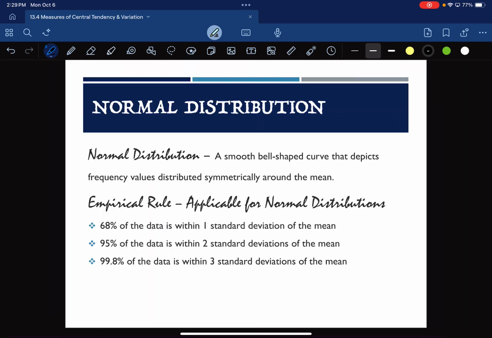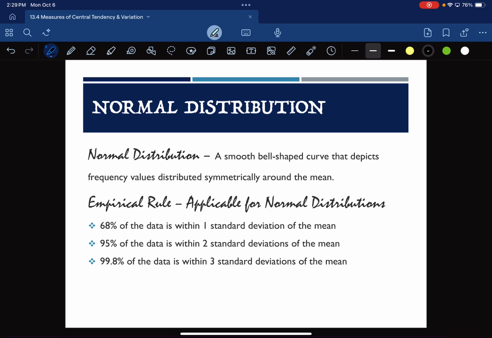So let me describe what a normal distribution is and the fact that you've seen this before. You just didn't know it. A normal distribution is a smooth bell-shaped curve that depicts frequency values distributed symmetrically around the mean. And when you have a normal distribution, the empirical rule will apply.